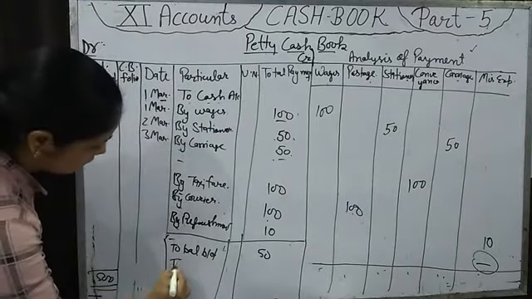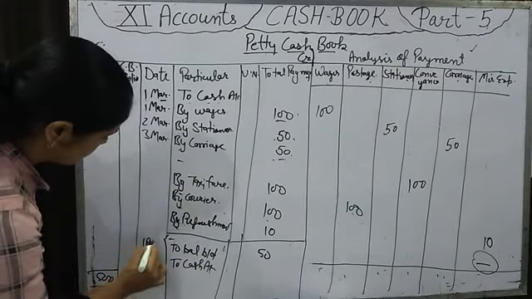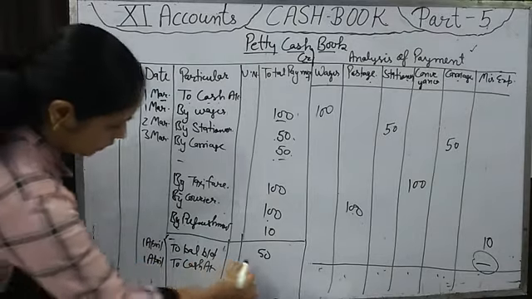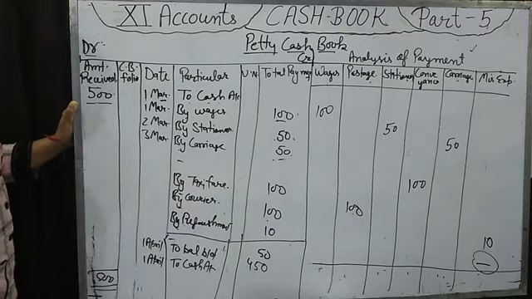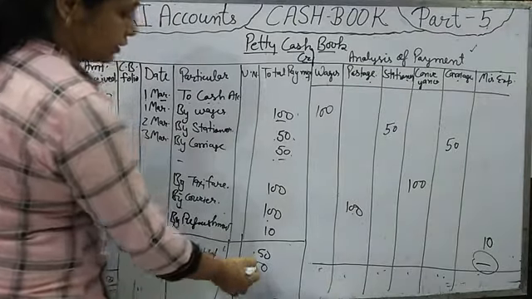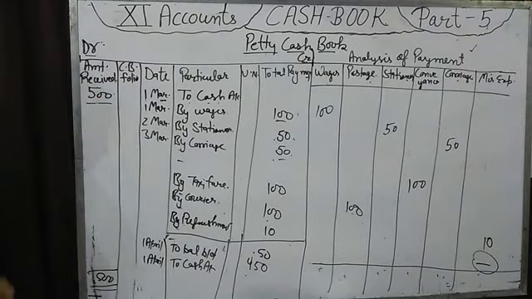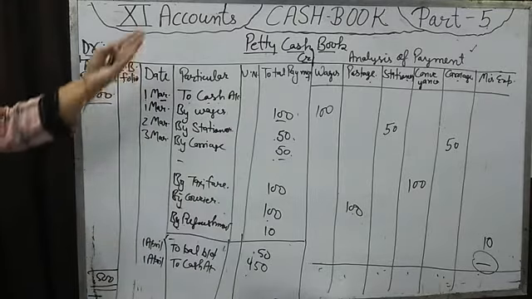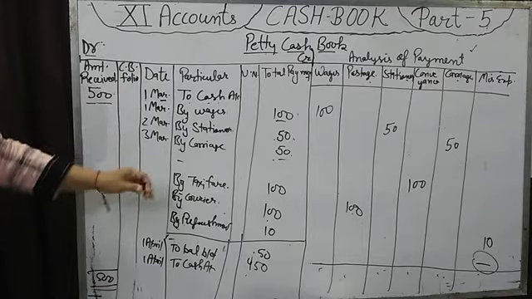And again we will receive to cash account. This we will write on 1st April. 450 rupees again we will receive. Okay, now we have 500 as we had on 1st March. Then again the same process, payments in the next month of the petty cash book we will continue the same way.